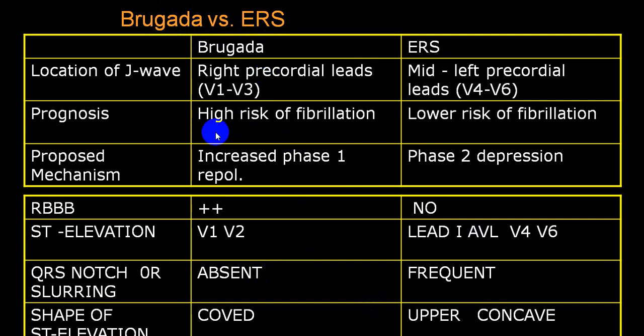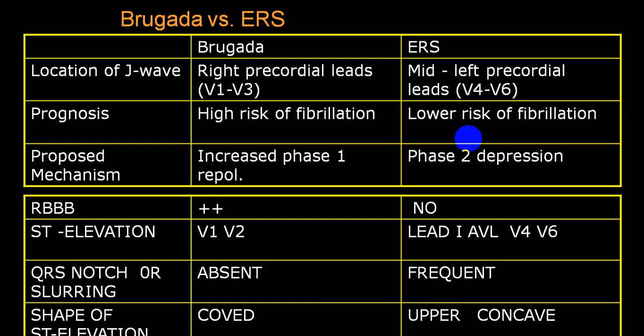Very easy. In Brugada you get an ST elevation with downsloping, while in early repolarization syndrome in V4, V5, V6 you will have a J point elevation with a notch at the J point. You may see these changes also in inferior leads as well as lateral leads. We call that inferolateral. That will be in type 2, while in the benign variety you will get changes in chest leads only.